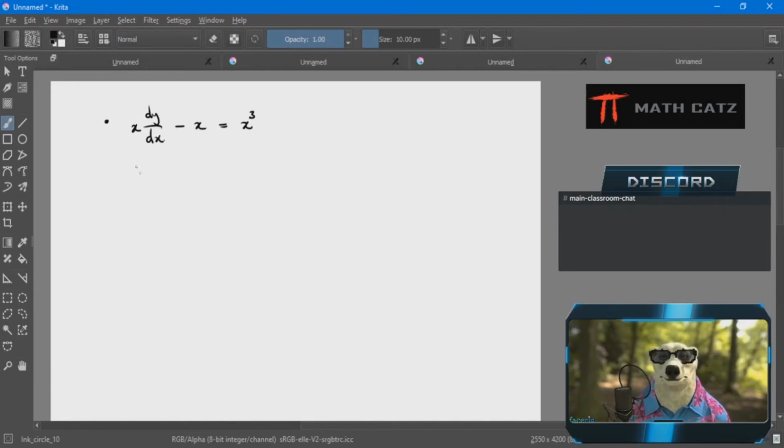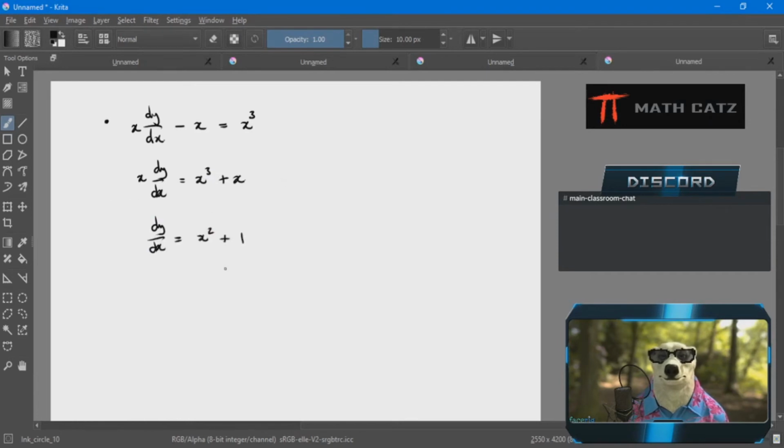If I isolate dy/dx, it's going to be much better. So let's isolate the dy/dx term to get x cubed plus x, and then we divide throughout by x to get dy/dx equal to x squared plus 1.